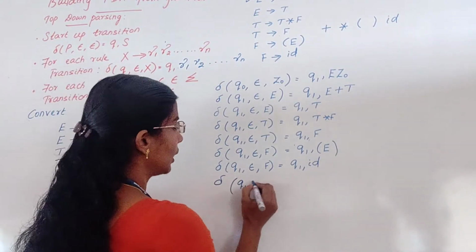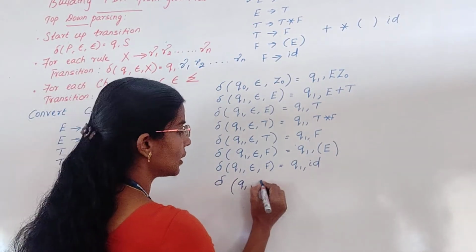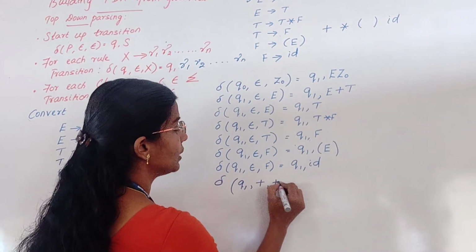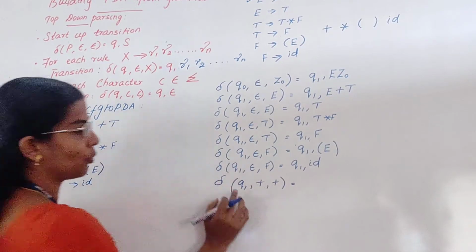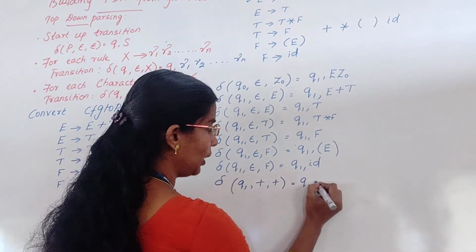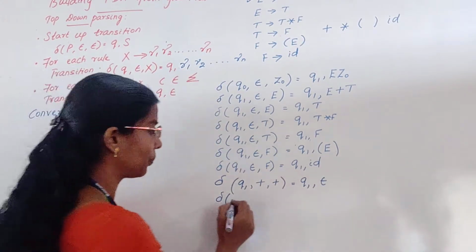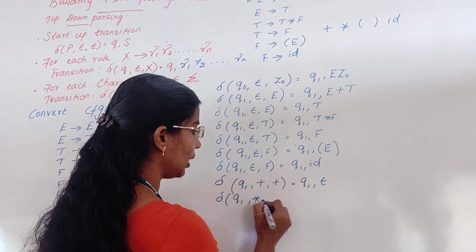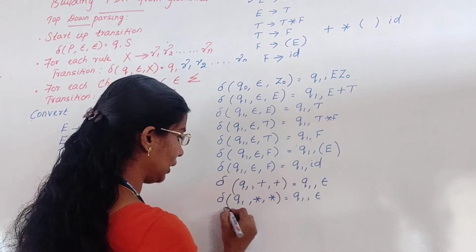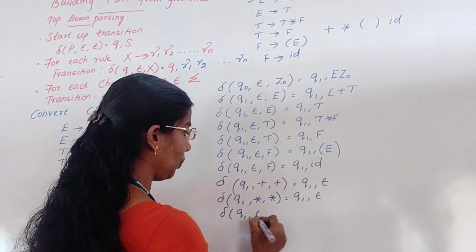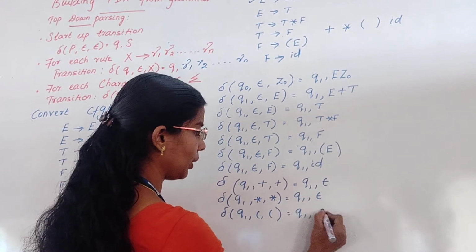So Q1, comma, the first terminal plus, which is equal to Q1, comma, epsilon. Next, is the board visible? Yeah. Q1, star, which is equal to Q1, comma, epsilon. Next it is Q1, open parenthesis, which is equal to Q1, comma, epsilon.